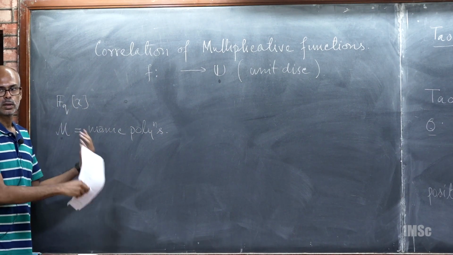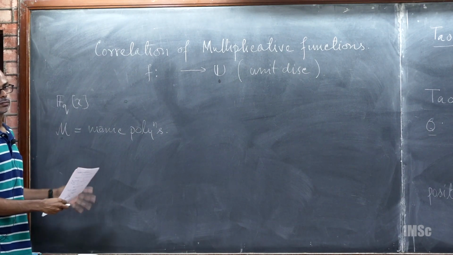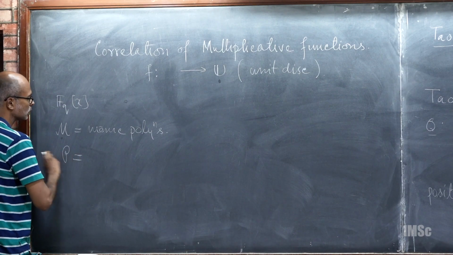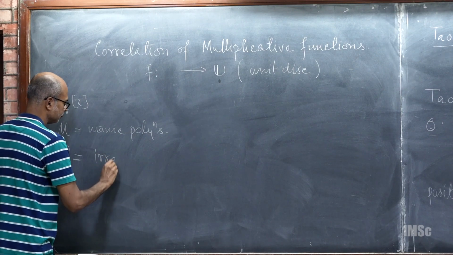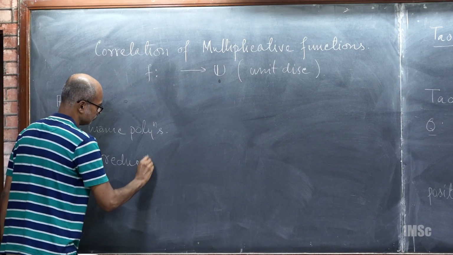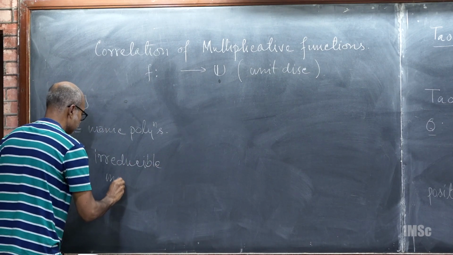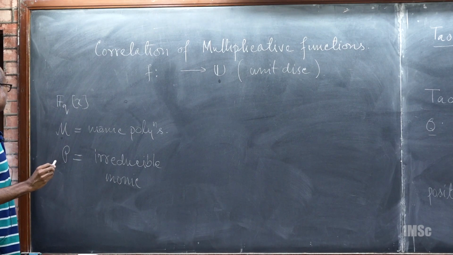They would do whatever we know for integers. It is just an analog for integers, and the irreducible monic polynomials would replace primes.